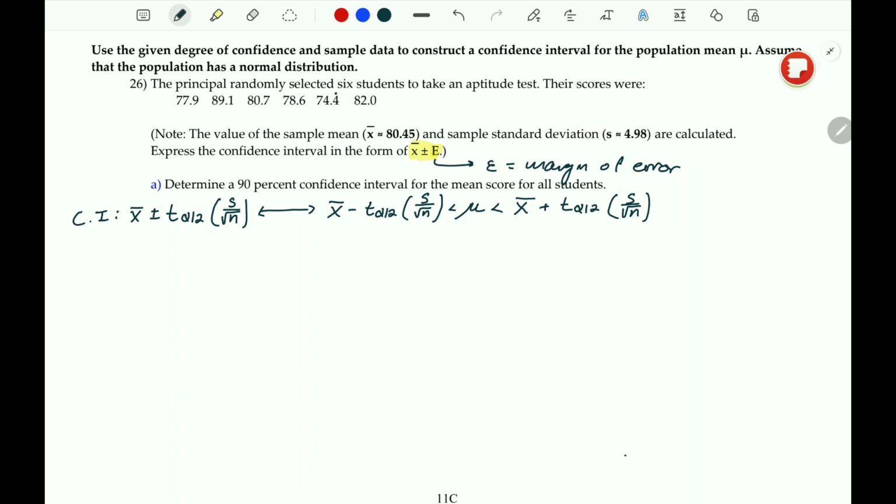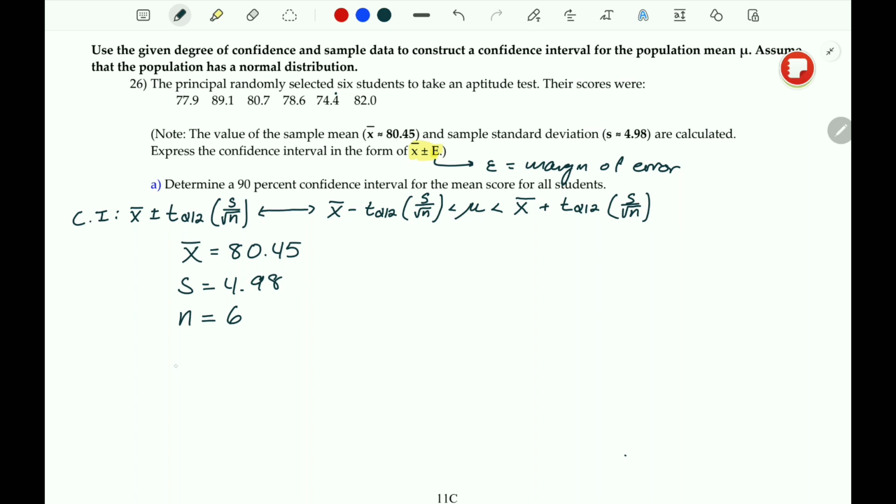So let's determine our values. The sample mean is approximately 80.45. The sample standard deviation is approximately 4.98. Our sample size consists of 6 students.